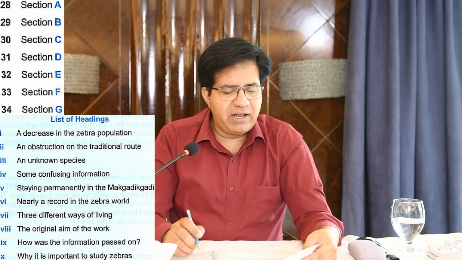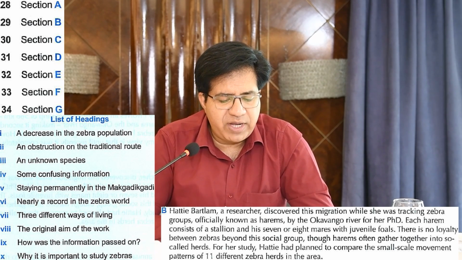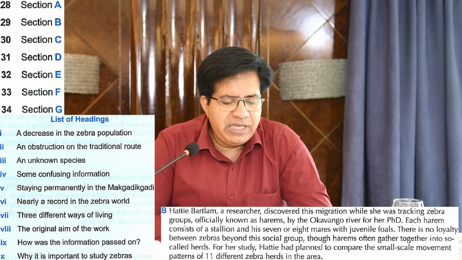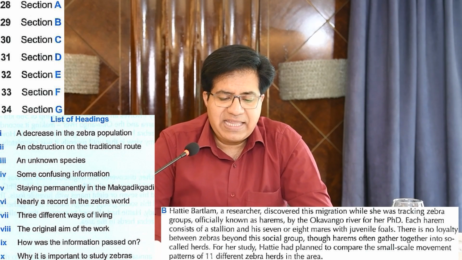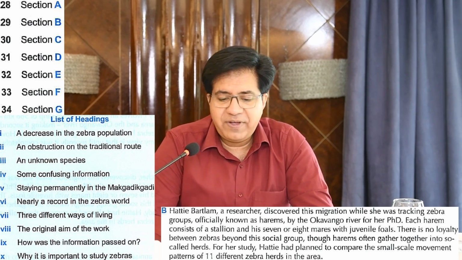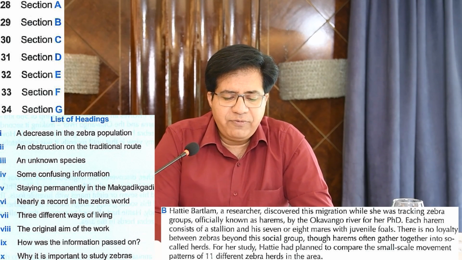Now we come to paragraph B. Hattie Bartlam, a researcher, discovered this migration while she was tracking zebra groups, officially known as harem, by Okavango River for her PhD. Now, do you see that? The purpose of her research, what was she doing? Okavango River for her PhD.